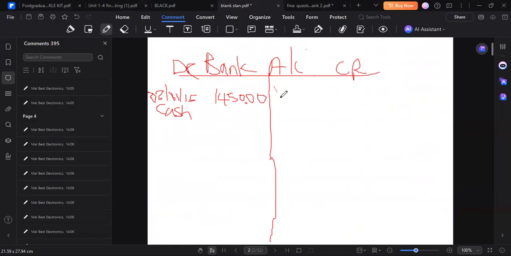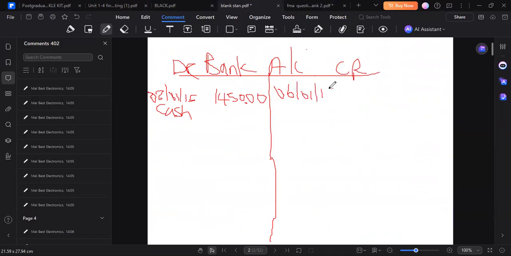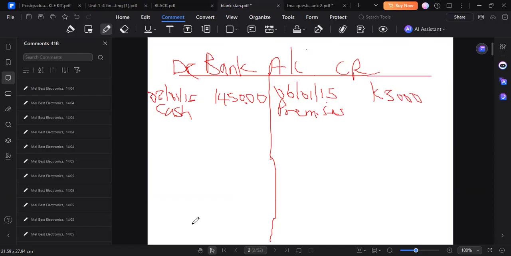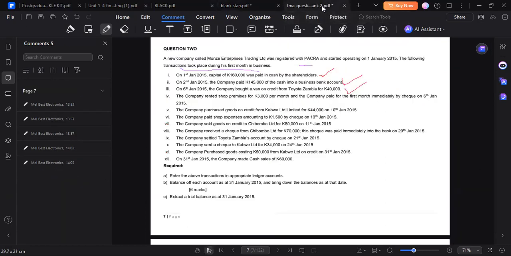So 06/01/15, you're talking of premises 3,000, but it came away from the banking sector.